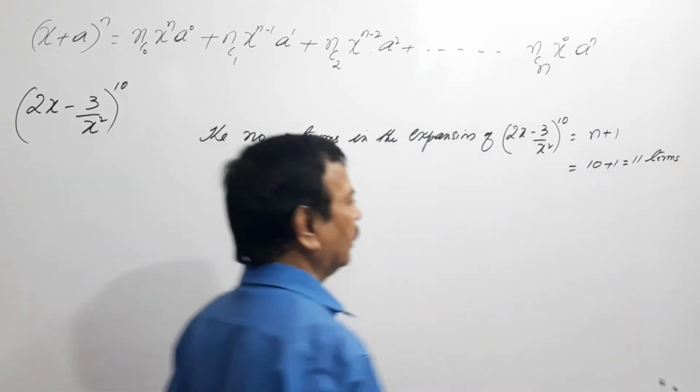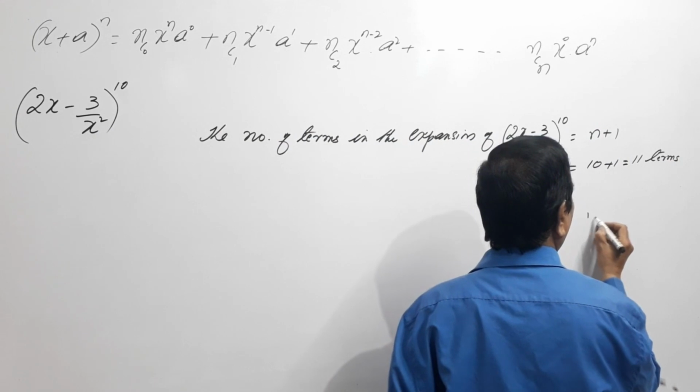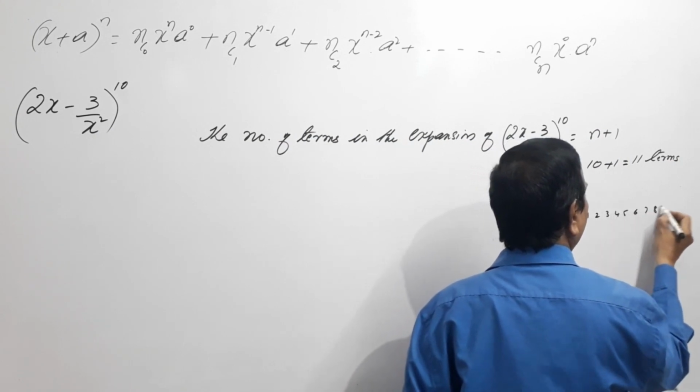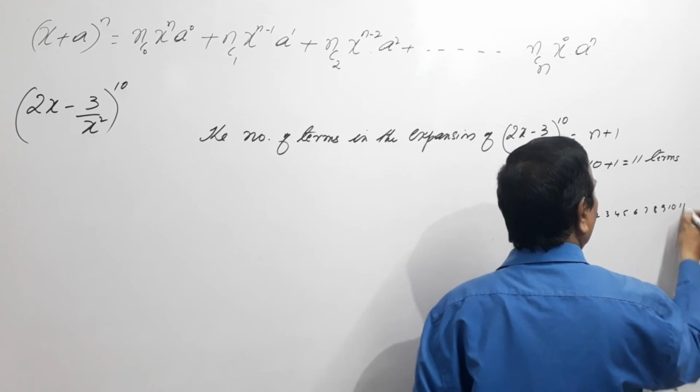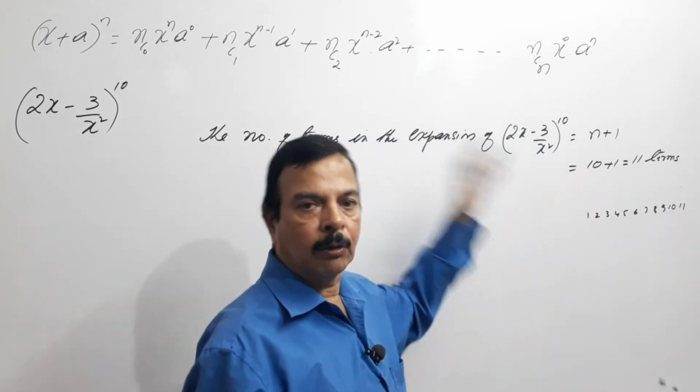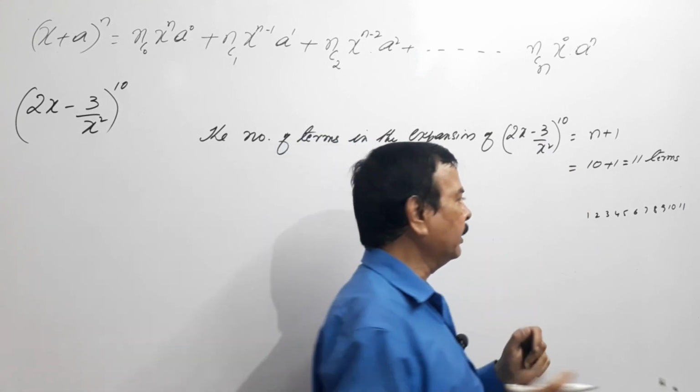So what does it mean? Right, 1, 2, 3, 4, 5, 6, 7, 8, 9, 10, 11. This is only for your practice. This is in no way taught in the textbooks, only a shortcut method I am teaching you.